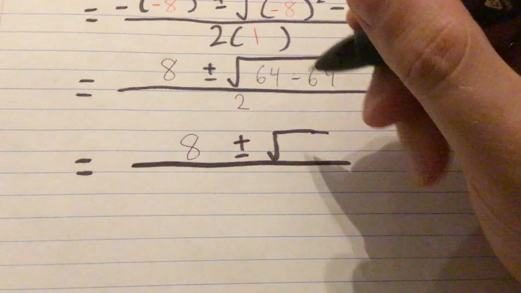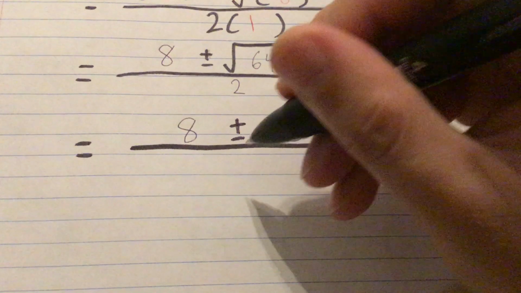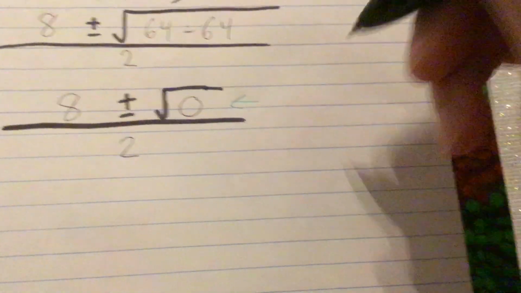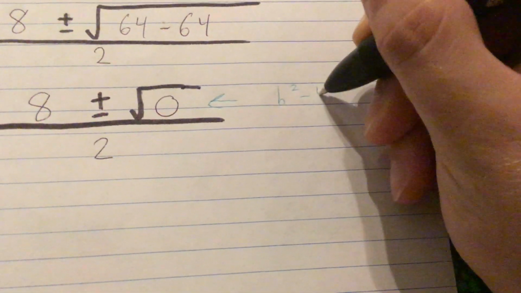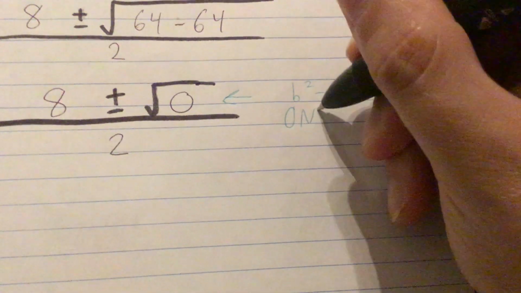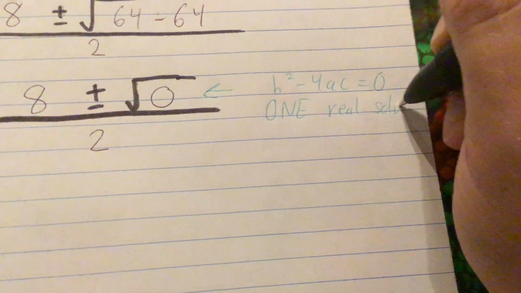Okay, so now we've got 8 plus or minus the square root of 64 minus 64, which is 0, over 2. Because the discriminant is 0, so if b squared minus 4ac is equal to 0, that means there's only going to be one real solution.